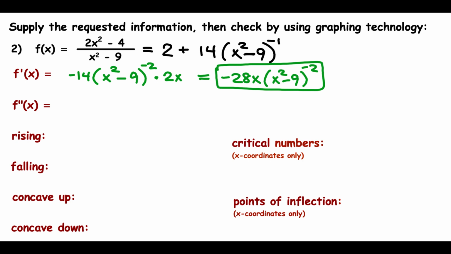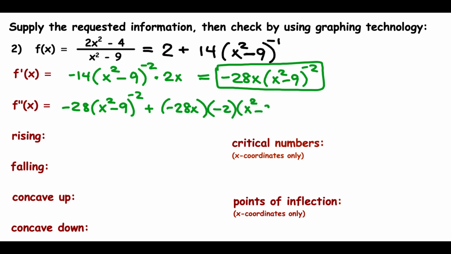We're going to have u prime v, so that's negative 28 times x squared minus 9 to the negative second, plus u v prime, so plus u, which is negative 28x, and v prime is going to be negative 2 times x squared minus 9 to the negative third times another chain rule, an additional 2x.